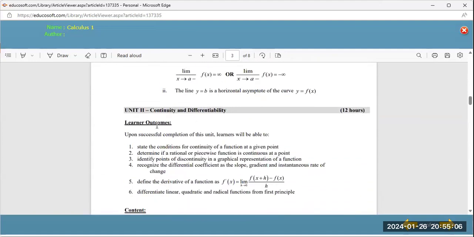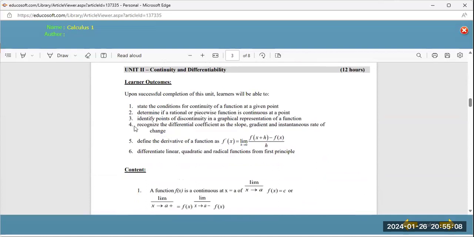We're on to the second unit, continuity and differentiation. I've done the point where I state the conditions for continuity of a function at a given point already. I'm determining if a rational or piecewise function is continuous at a point. That's what we're doing. Identify points of discontinuity in a graph representation of a function. I don't want to do any graphs just yet. I want to build some concept first before I do the graphs.